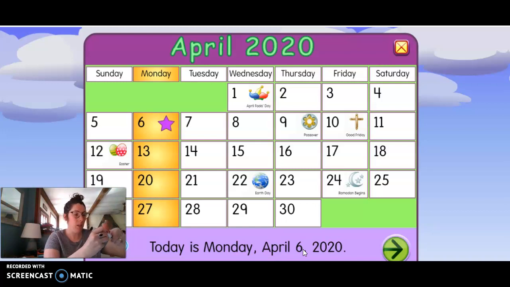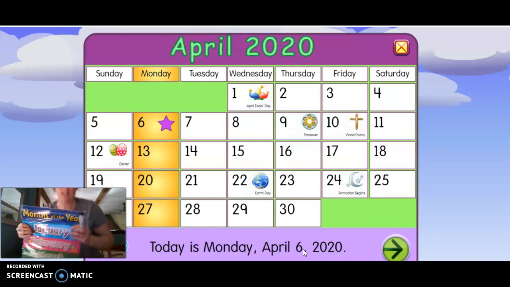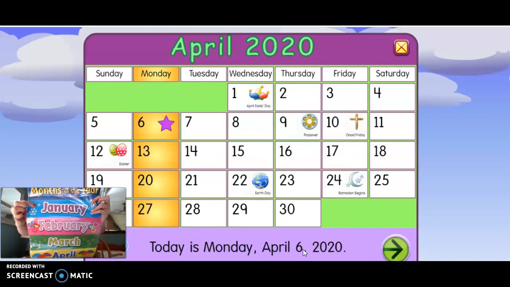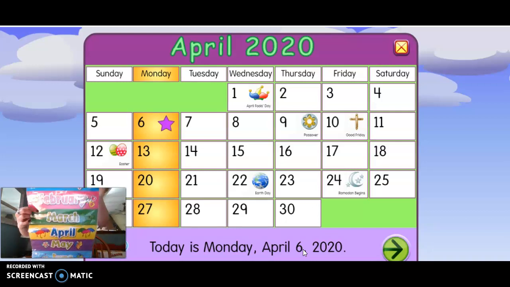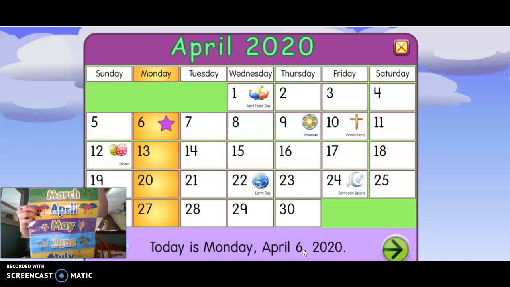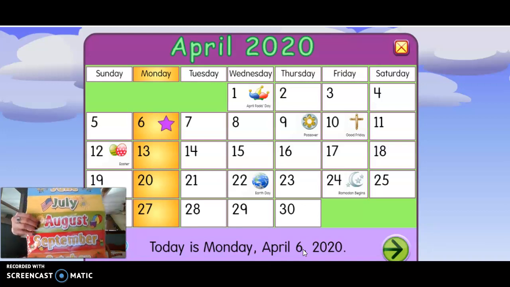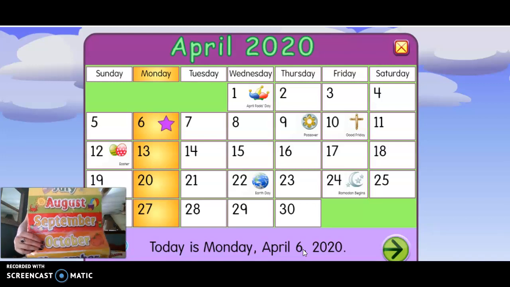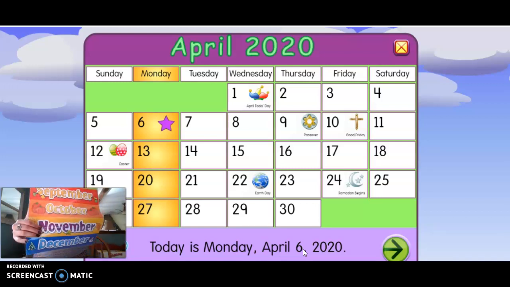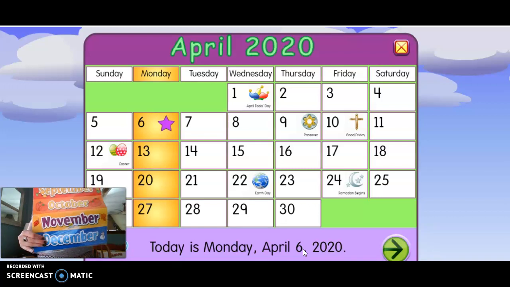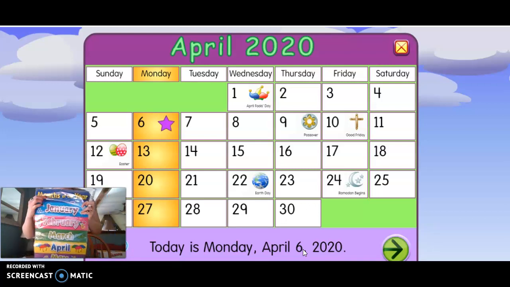When we talk about the months, we always start in order, right? So it goes like this. January, February, March, and April, May, June, July, and August, September, October, November, December. Then we turn around. Awesome.